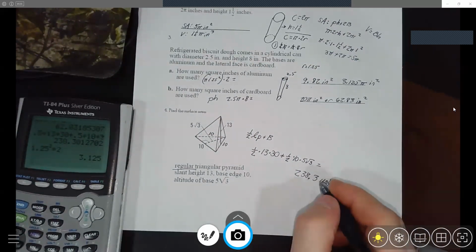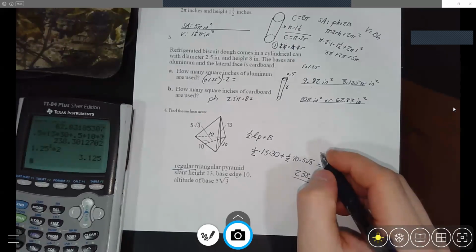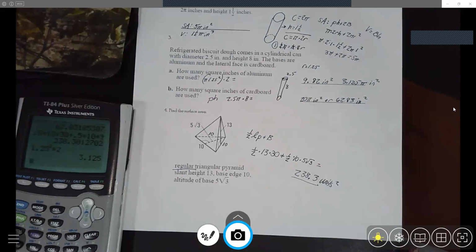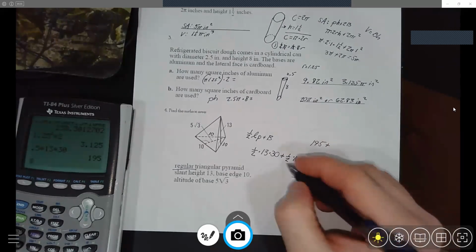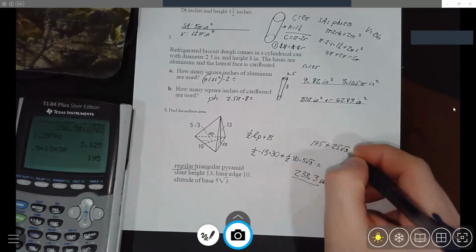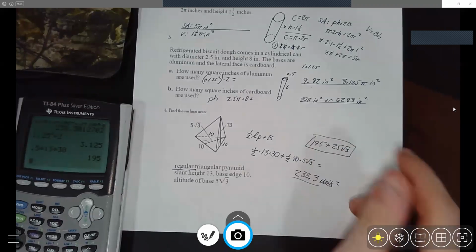And then this one, instead of having 238.3, you would get, so you do a half times 13 times 30, 195 plus, and then this would be 25 times the square root of 3. But that's kind of messy, so either way.